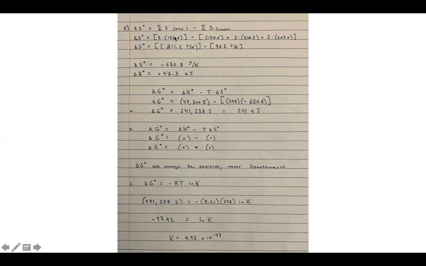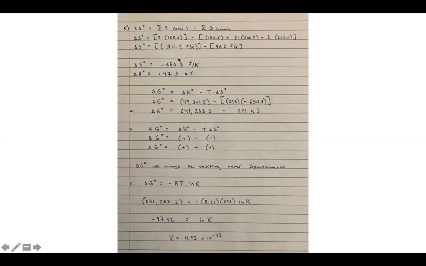So remember when you're inputting these values to multiply each compound by its respective coefficient. When we solve for the delta S naught of this equation, it comes out to negative 650.8 joules per Kelvin. And our delta H was given, it's positive 47.3 kilojoules.